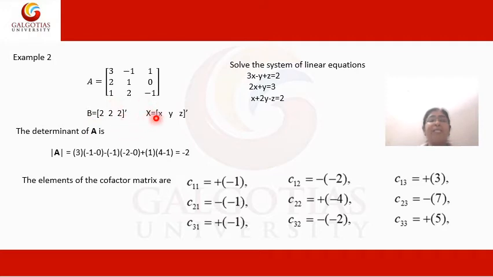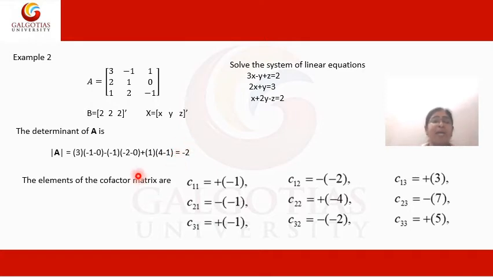The X matrix is again a column matrix [x; y; z]. So the determinant of A expands along the first row, and after simplifying I will get -2.